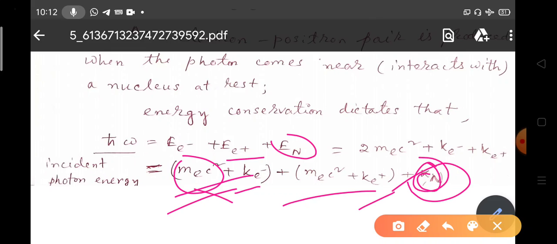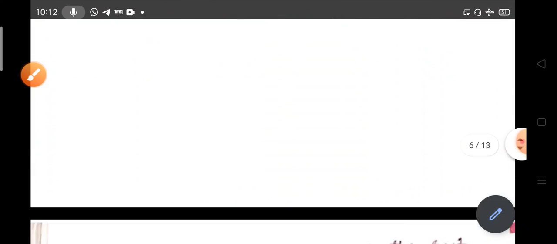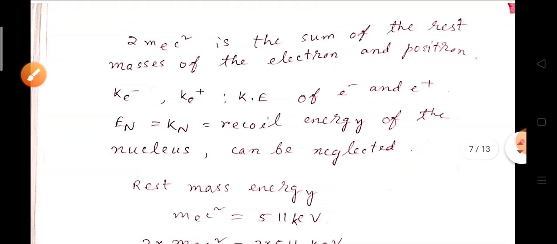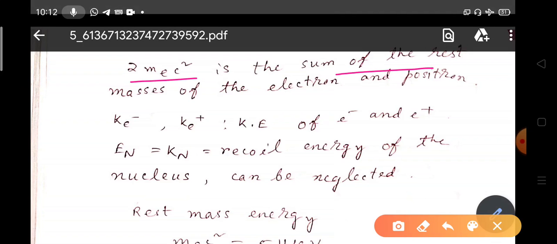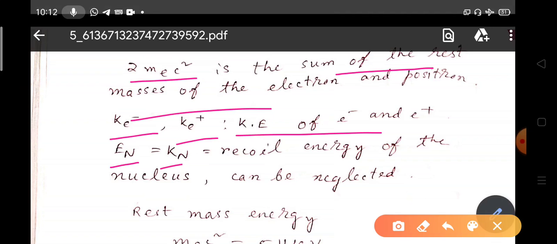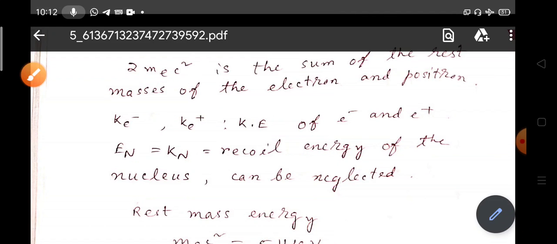Then the final energy will become 2 m_e c squared plus the kinetic energy of the electron plus the kinetic energy of the positron. So look here, we have defined our parameters: 2 m_e c squared is the sum of the rest masses of the electron and positron, K_e minus and K_e plus are the kinetic energies of the electron and positron, and K_n is the recoil energy of the nucleus, which can be neglected.